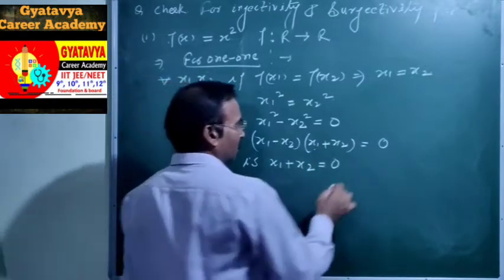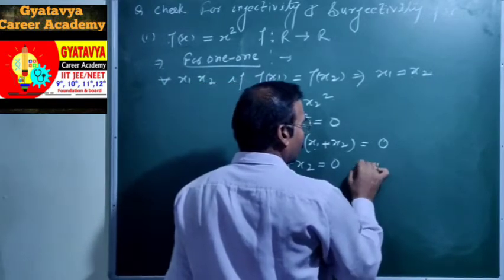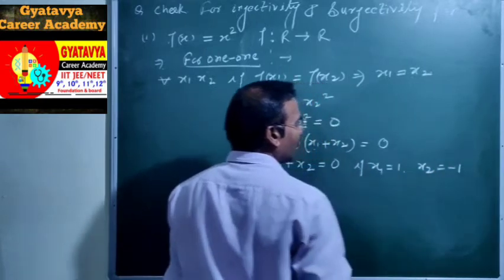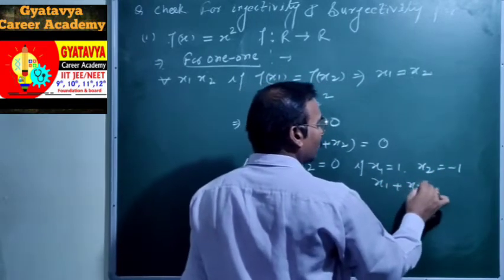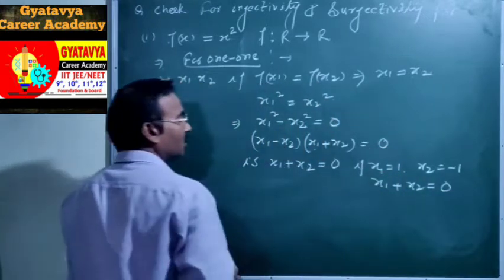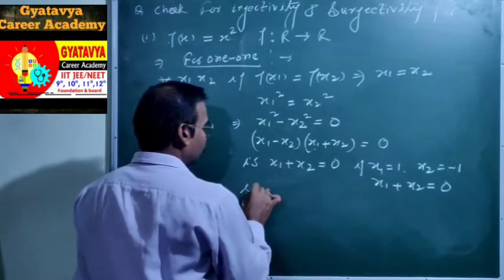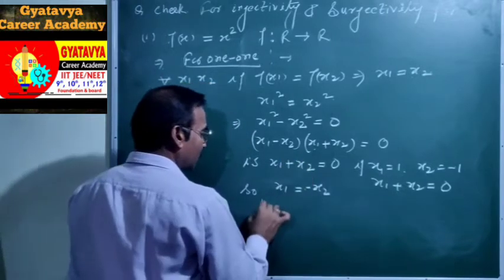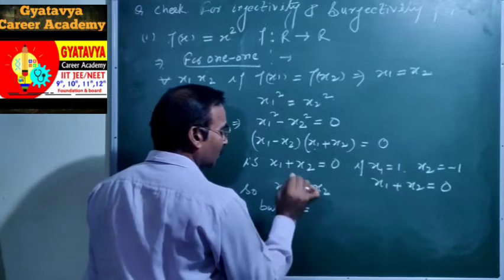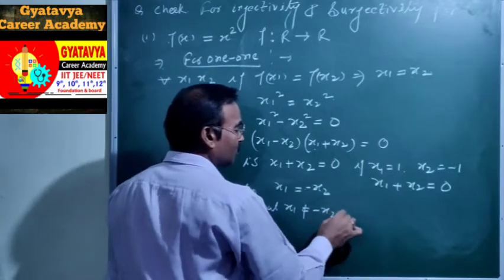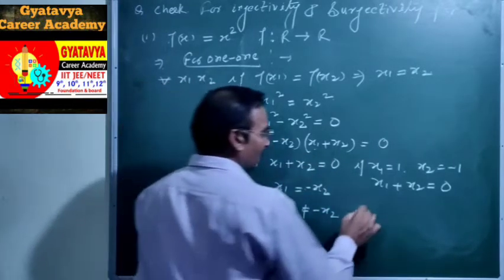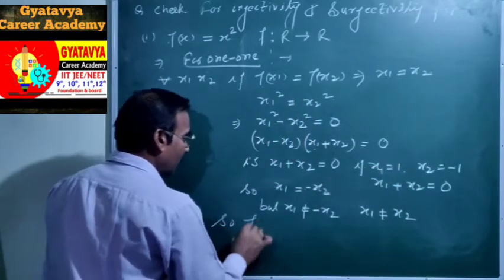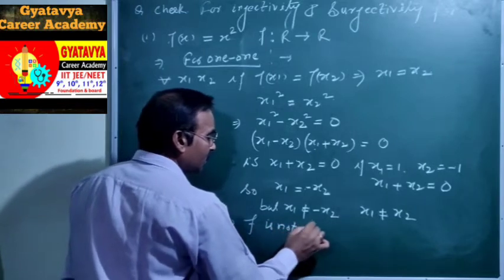Yes. If x1 equal to 1, x2 equal to minus 1, then x1 plus x2 equal to 0. So x1 equal to minus x2, but x1 is not equal to x2. So f is not one-one.